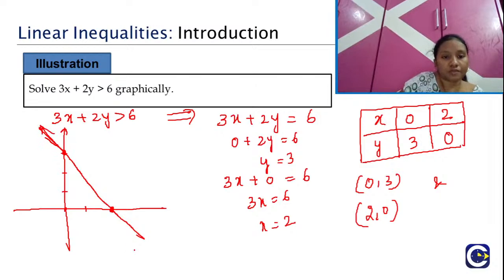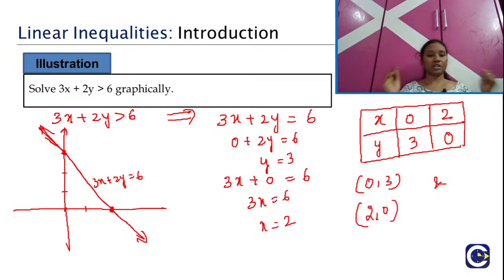This line is nothing but 3x plus 2y is equal to 6. So this is my graph of the linear equation in two variables. But I have to get my solution for the inequality, that is 3x plus 2y greater than 6. Whenever we have greater than, that will cover the upper part.